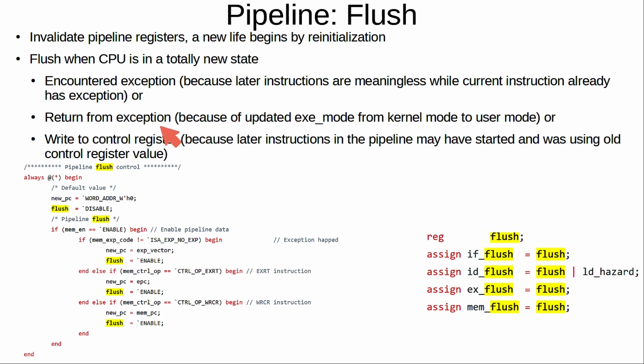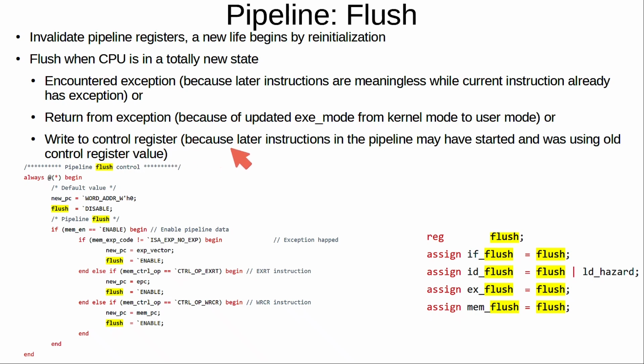Also, when we return from the exception, we also need to flush out the pipeline to reflect the fact that we are switching the execution mode from kernel mode to the user mode. And the third scenario is when we write to the control register.